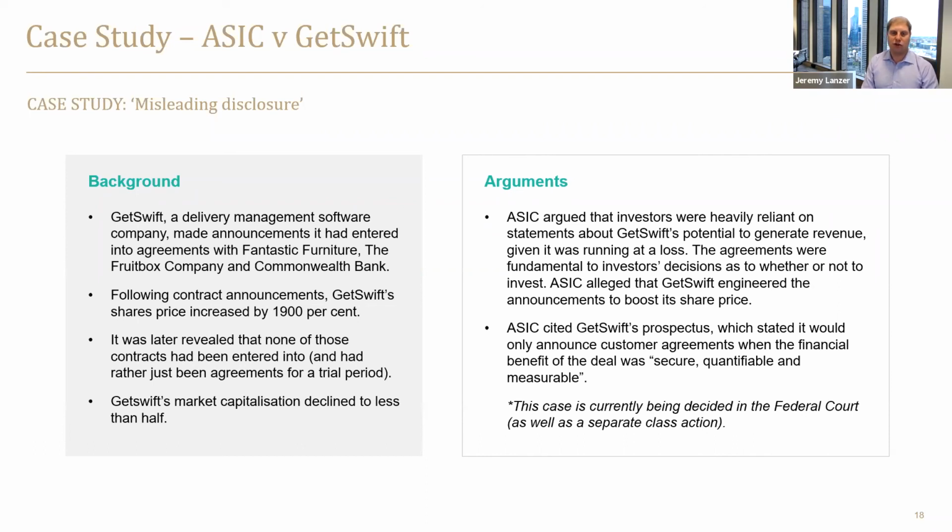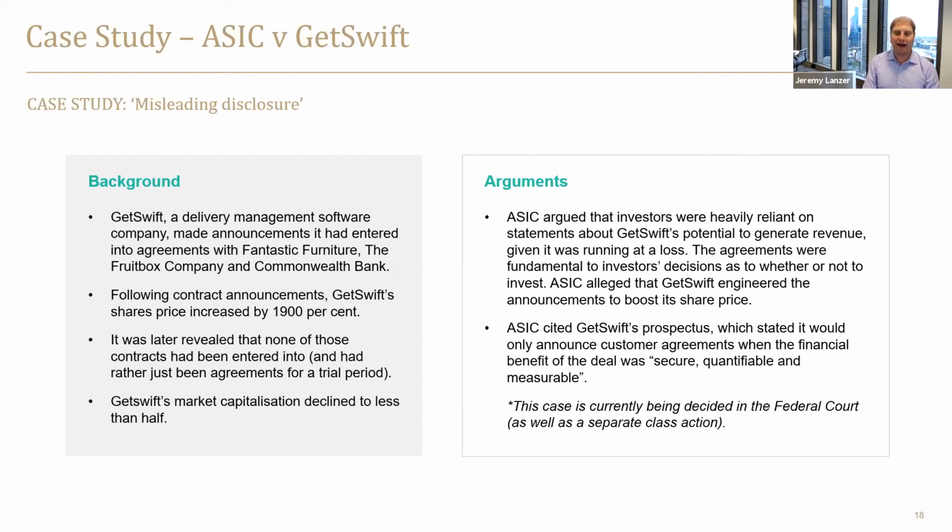So the recent situation around GetSwift is a good one there, because what happened there, and you can see the background on the screen, they announced that they'd entered into a range of commercial agreements for their business. We'd assume that they clearly knew that the share price was going to increase as a result of those announcements, because they were positive news for the business. And it did significantly, 1,900%, which is a pretty big jump.